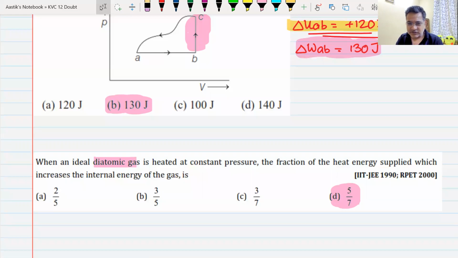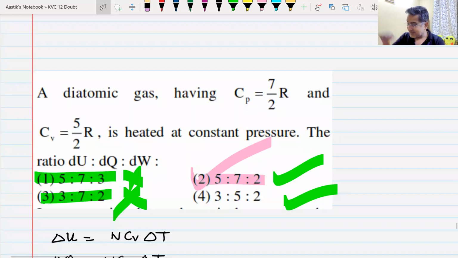The only change in the question that came in JEE was that they had given the vibration. So for 1 degree of vibration, you would have 2 degrees. This is exactly the same question that came in JEE. The only thing is they have changed the degrees of freedom, nothing else.